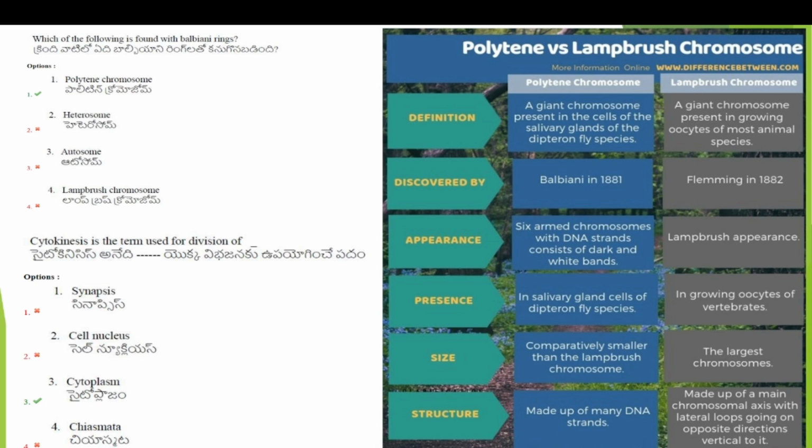The fourth one is chiasmata. Chiasmata are X-shaped structures formed during prophase 1 of meiosis 1.